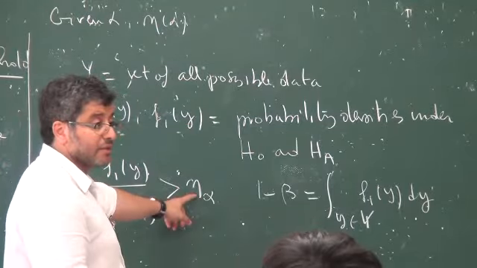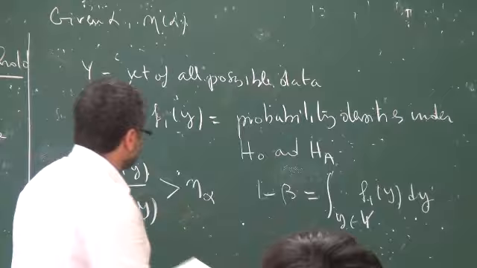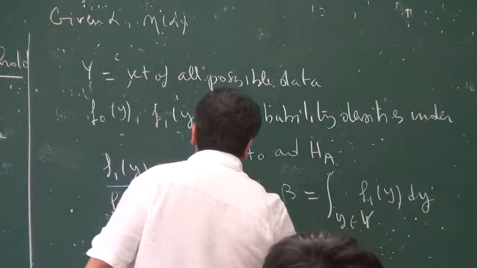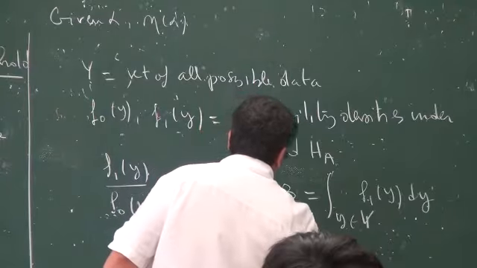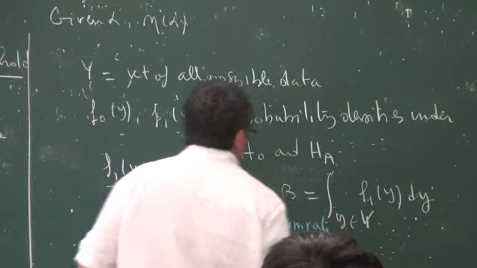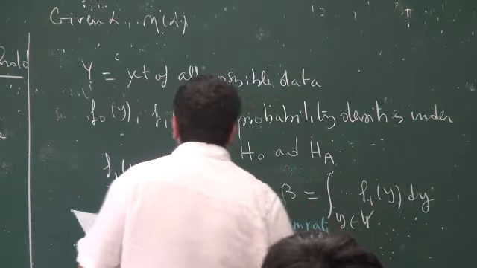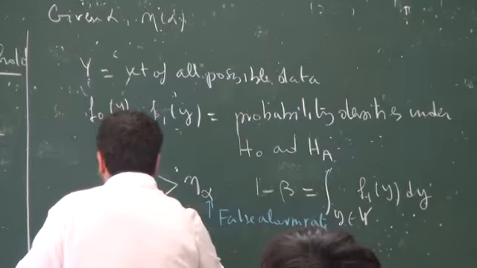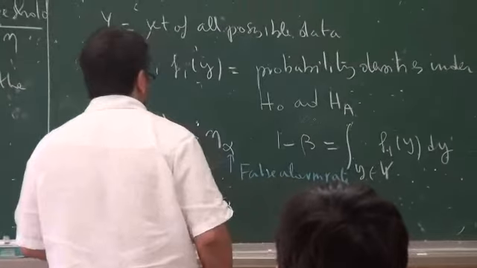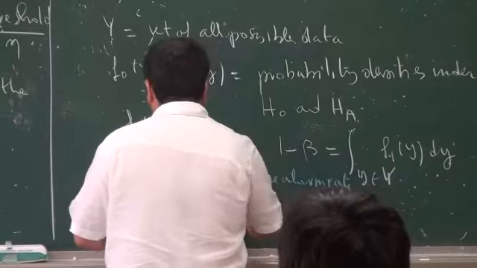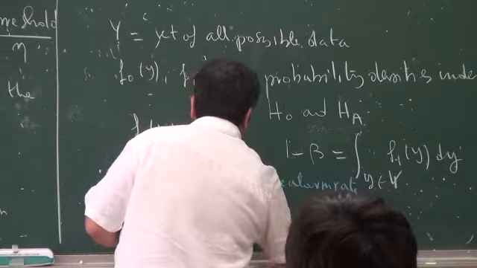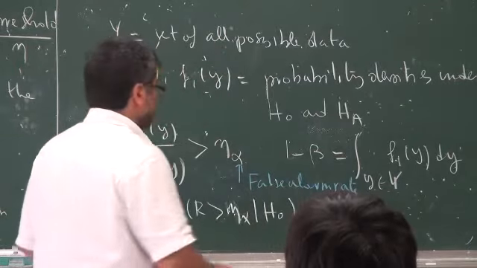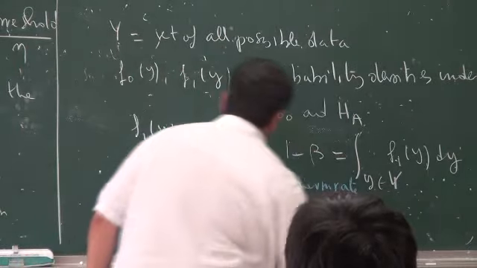To fix eta, it's not fixed there. Alpha is the false alarm rate. The probability of detection is given by this one, and eta is fixed by the probability of R larger than eta under the null hypothesis being equal to the false alarm rate.